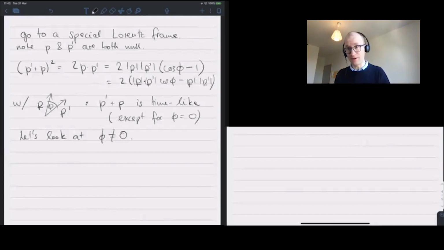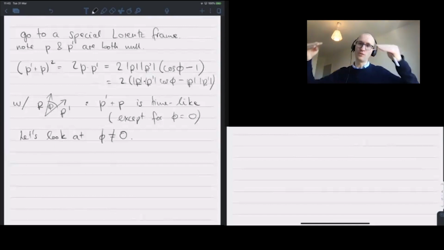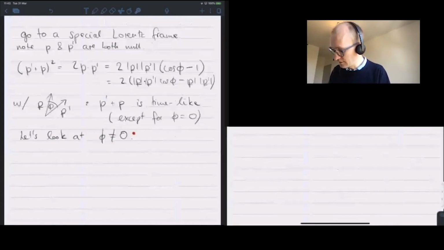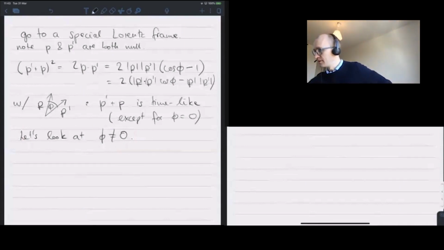We are currently in the business of making statements about consistent theories, so it would be crazy to conclude that a theory is consistent only if all momenta are collinear. You can do the phi equals 0 analysis separately and come to the same conclusion, but you agree with me that it's more than reasonable to focus right now on the case where the momenta are not aligned. In that case, the conclusion is that the sum of the four momenta is time-like.